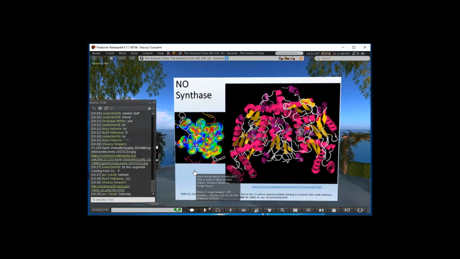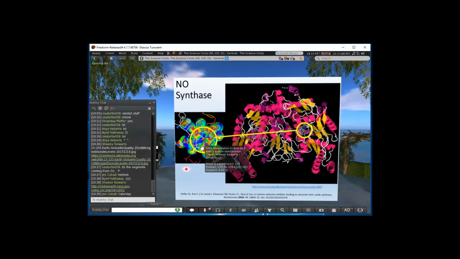This particular paper I got this structure from has a molecule binding to the heme group to inhibit the nitric oxide synthase. So why would that be important? Okay, this shows an expansion of the heme group to show you where the iron atom is sitting.